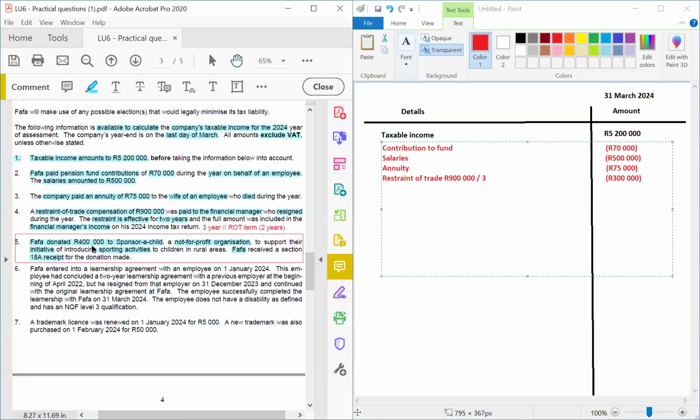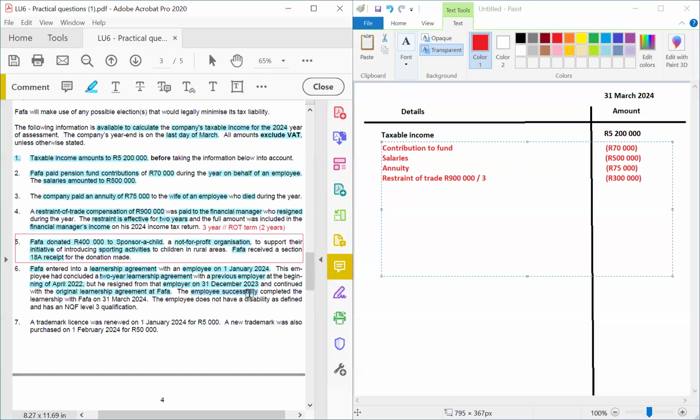Number 6. Fafa entered into a learnership agreement with an employee on the 1st of January 2024. This employee had concluded a 2-year learnership agreement with the previous employer at the beginning of April 2022, but he resigned from that employer on the 31st December 2023 and continued with the original learnership agreement at Fafa.